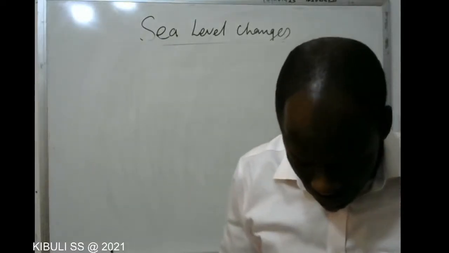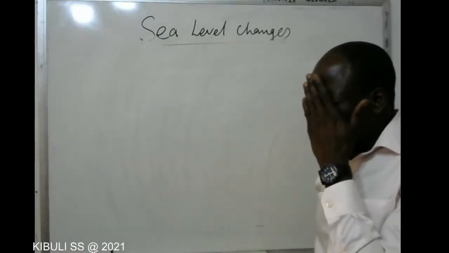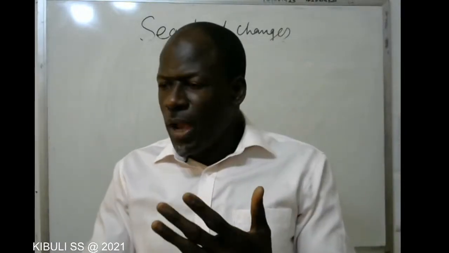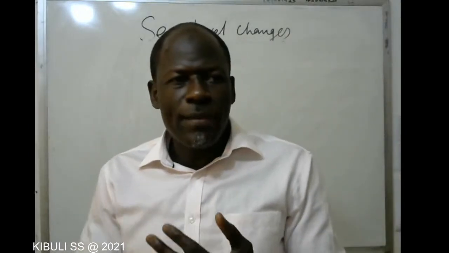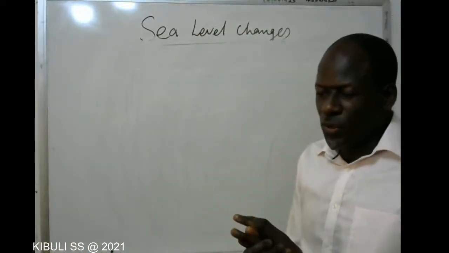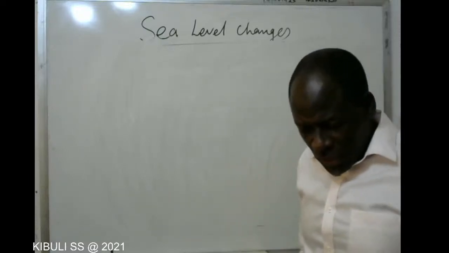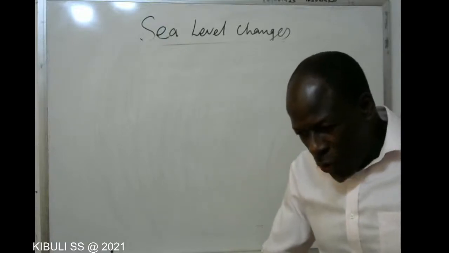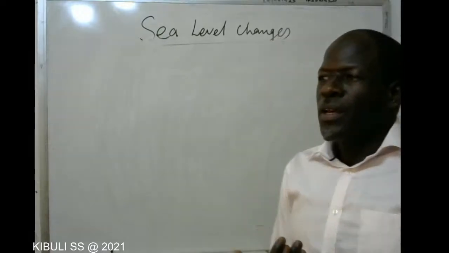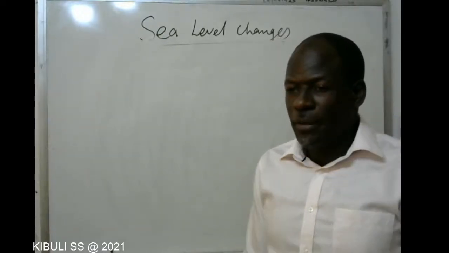Now, without saying too much, along the coast we have already seen that we have features formed by wave erosion. We also have features formed by wave deposition. Now, most of these features are right along the coast, at the coast, in contact or not in contact with water.